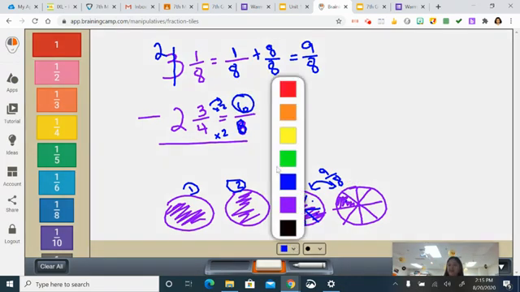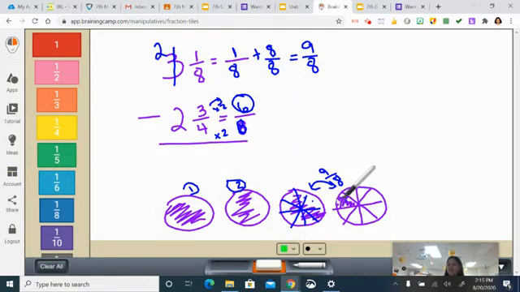Now I can subtract 6/8 from it. There's 1. I'm going to subtract that one. 2, 3, 4, 5, 6. What am I left with? 1 piece, 2, 3 pieces. I'm left with 3/8. What is 9 minus 6? 9 minus 6 is 3.